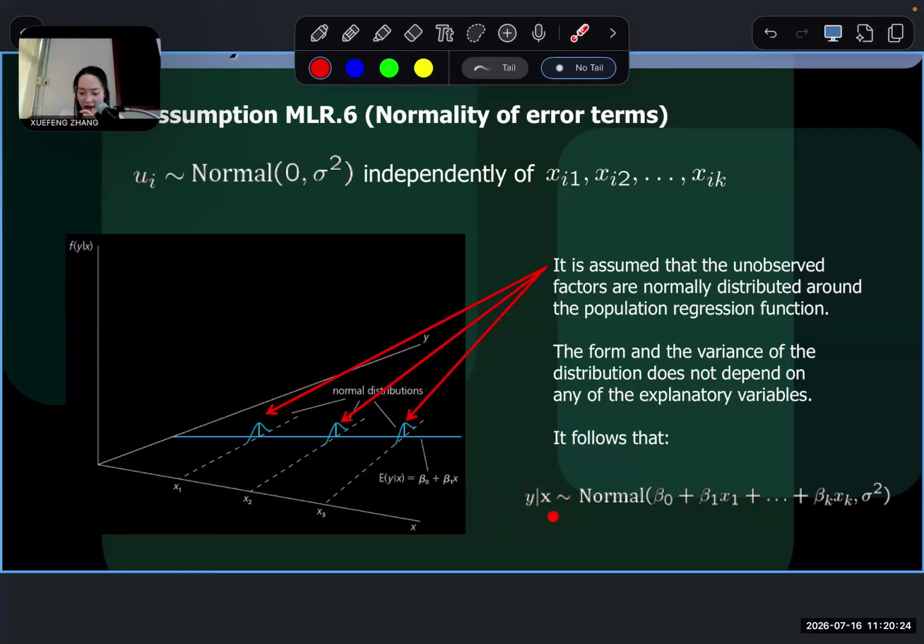Conditional on x, y is normally distributed with the mean, which is beta 0 plus beta 1 x1 plus all the way through to beta k xk. This is the mean, okay? And then with the constant variance, sigma square.